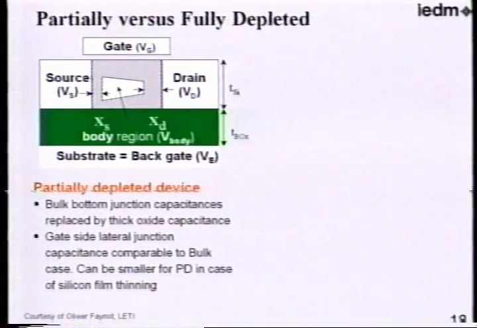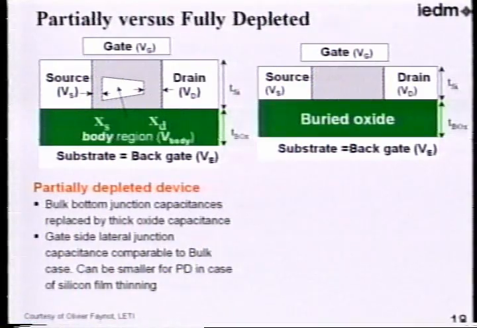The gate side lateral capacitances here are comparable to the bulk device, so there's not a lot of change there. Not that it's good, it's just not any change. But it can be smaller if this is thinned down, depending on how thin you can make this, and that becomes a manufacturable issue of making this substrate. And if we can thin this down more, then you can even reduce that lateral capacitance.